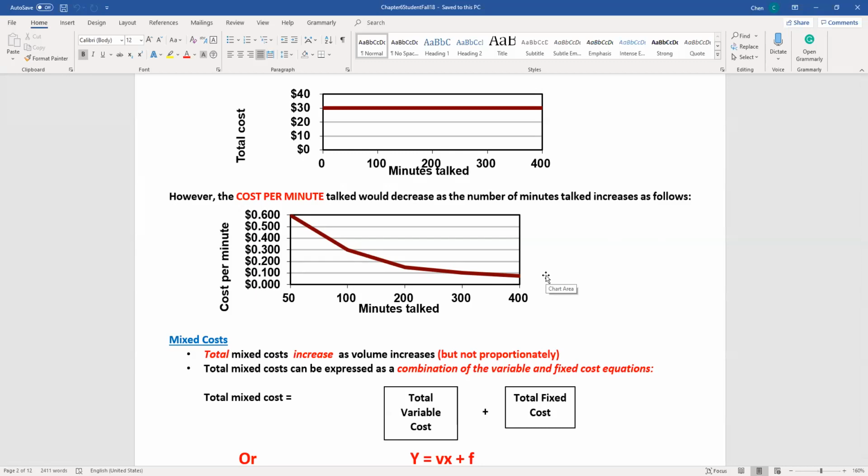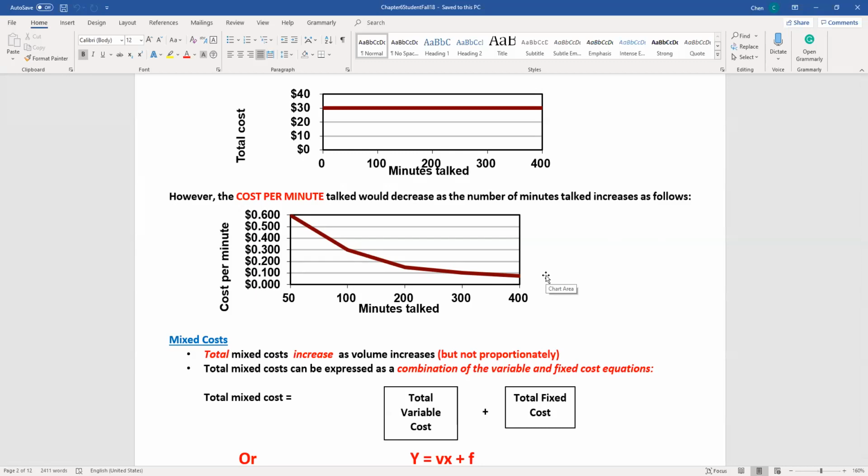then let's say, as a very extreme example, you only make a phone call for 1 minute during the month. Then the cost per unit will be $30, because you only make a 1 minute phone call and you pay $30.